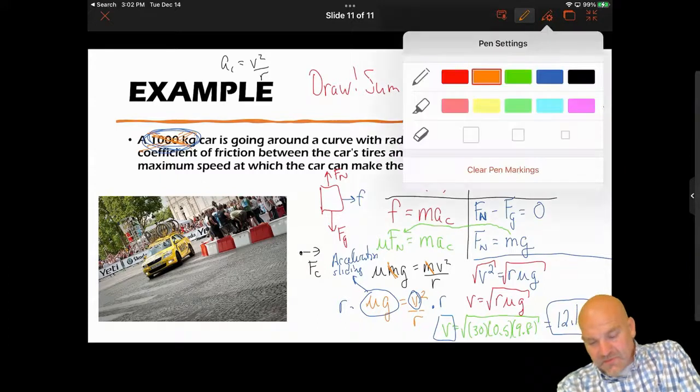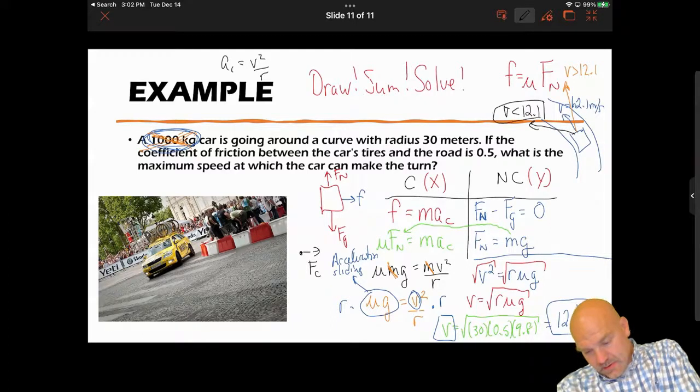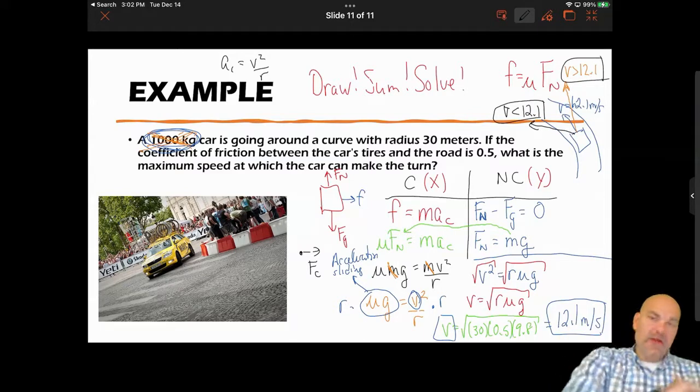And if I go less than 12.1, let me do that in black, I'm going to go this way, okay? So it's like I would skid out or I would skid in if I went greater than or less than 12.1.